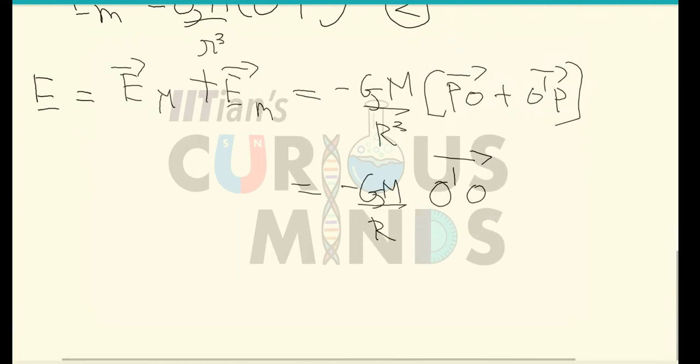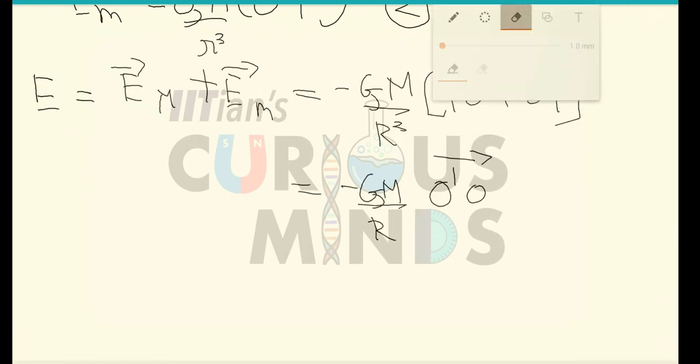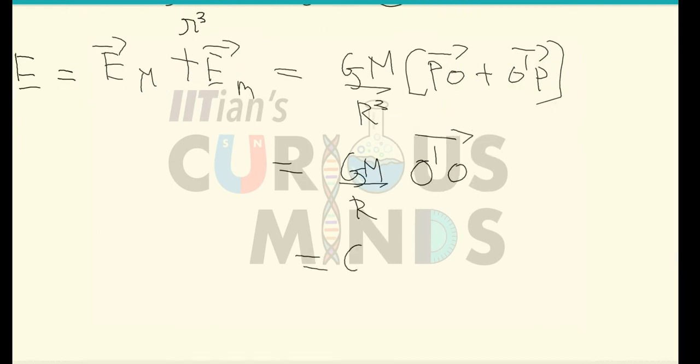I don't have to take the negative sign, as I have already taken it in the form of the vector. So it will be equal to GM by r cube into r by 2 into negative I vector.